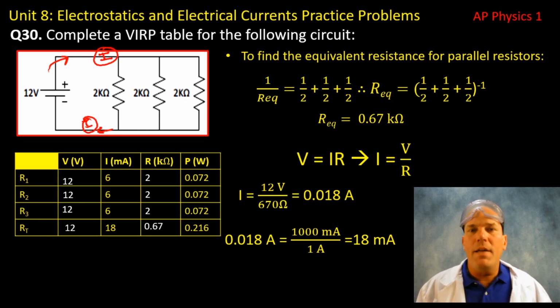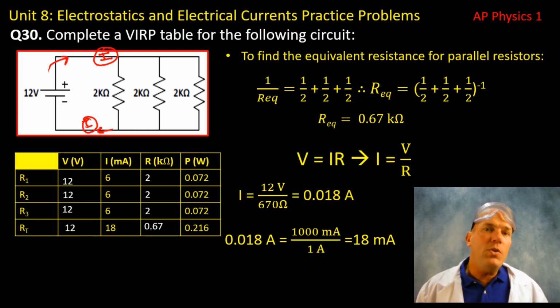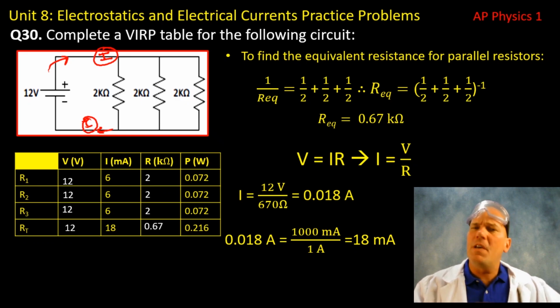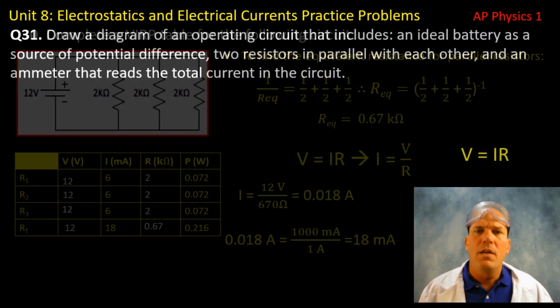All right, and that is because the current is splitting across these three different branches. And so those are two things that I wanted to point out that are further affirmation that we've done everything correctly for this particular circuit.